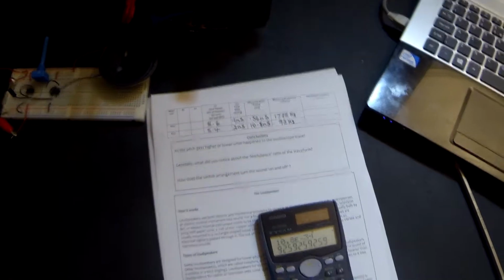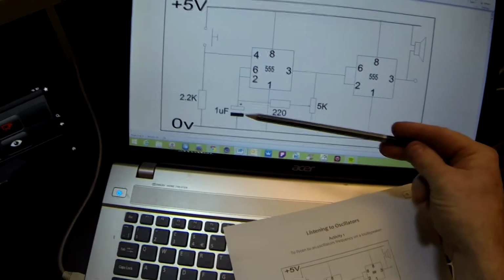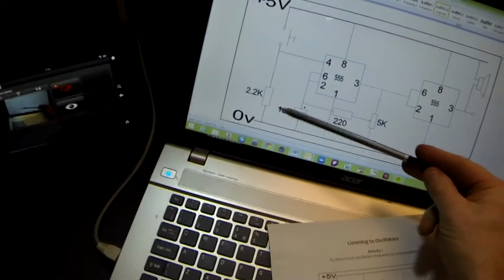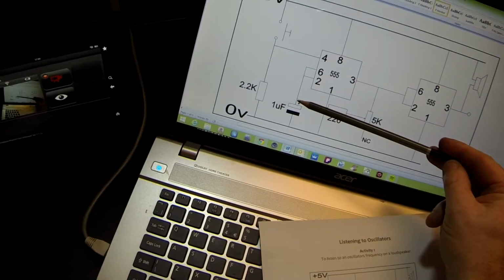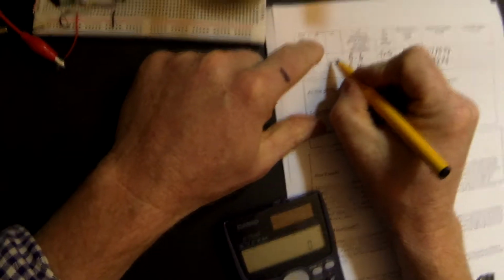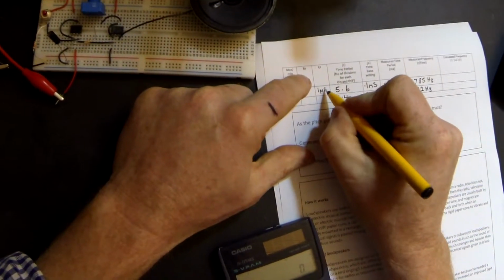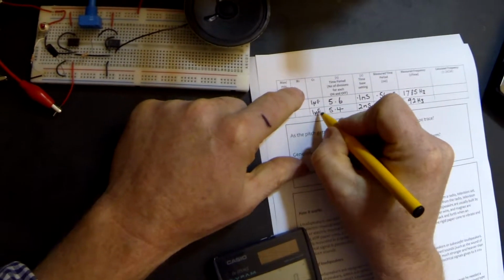So we can work out our calculated frequencies to compare our theoretical and practical values. But we need to know something in this circuit. We need to know the value of the resistor and the value of the capacitors. Well, the capacitor in this case is 1 microfarad in both cases. So let's enter that into our sheet. 1 microfarad, 1 microfarad.